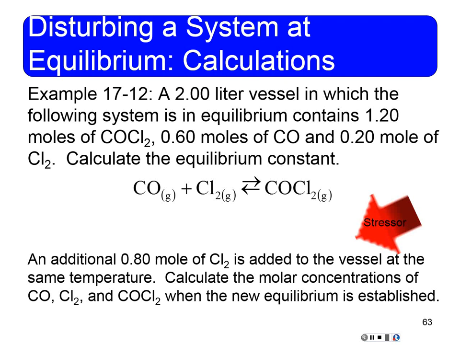You can get a few points right here on this problem just by finding Kc, so do that before I switch slides. And right here where it says molar concentration, that's the same thing as molarity, just a different term.